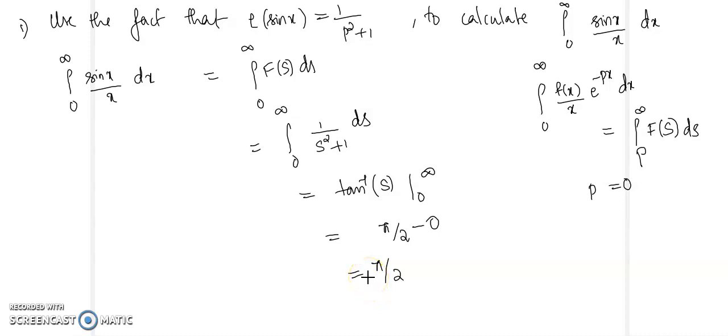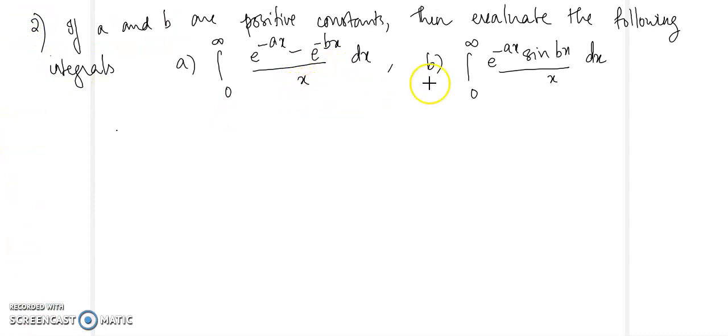Now let us look at a few more problems. So we need to evaluate these two integrals. So the first one is the integral from 0 to infinity of (e raised to minus ax minus e raised to minus bx) by x dx.